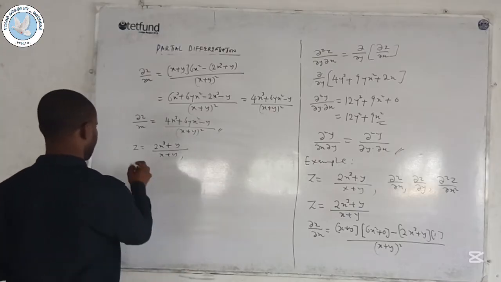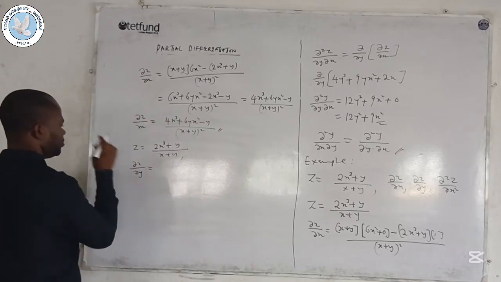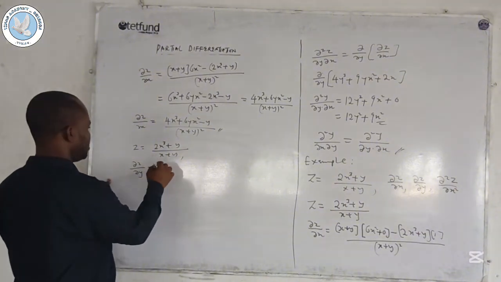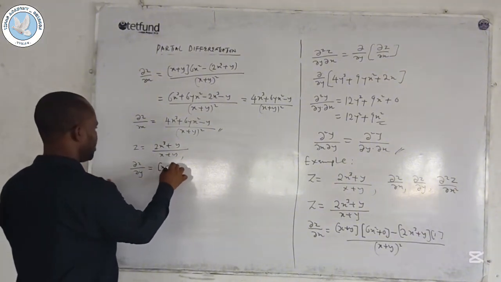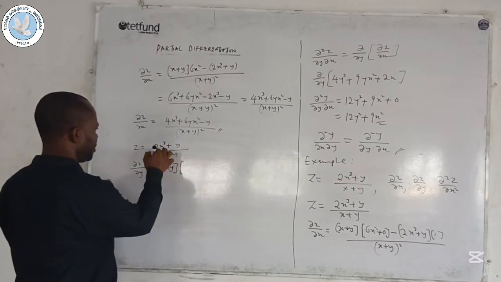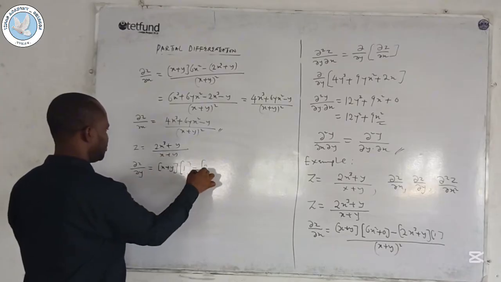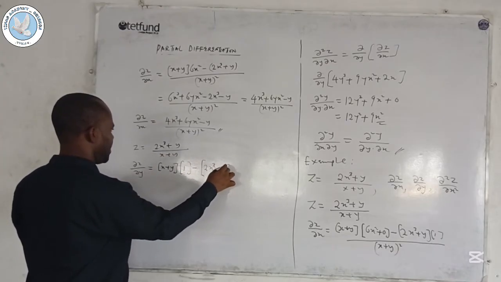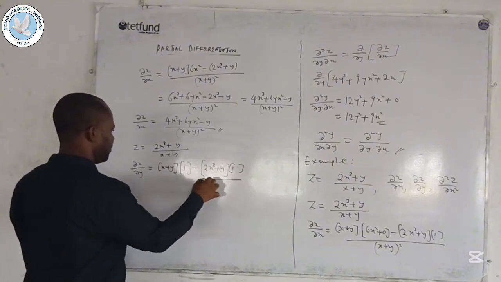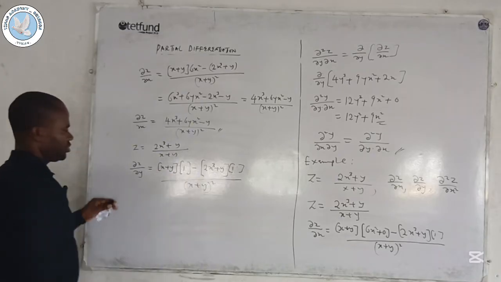So at this point, dz/dy is going to be x plus y multiplied by the differentiation of this with respect to y, and that will give you 1, minus, multiplied through, differentiate this, so that will give you 1 divided by this squared.